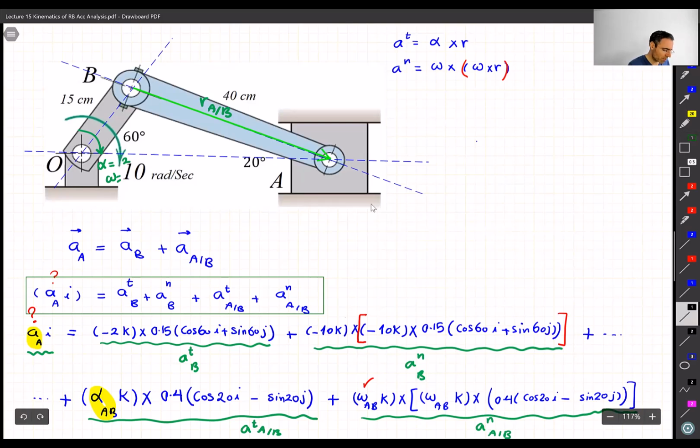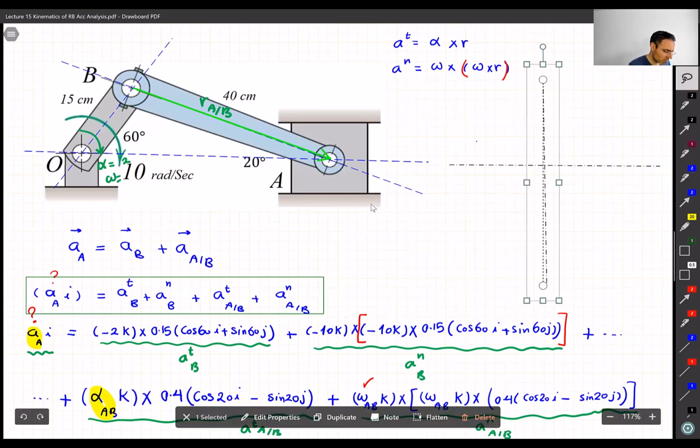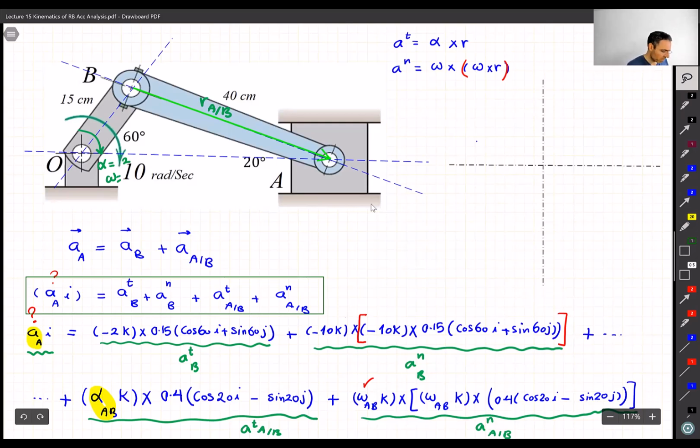So we need to draw them carefully. This is the way that I do it. I draw a horizontal line and a vertical line somewhere, and carefully draw the components. Let's do that quickly.